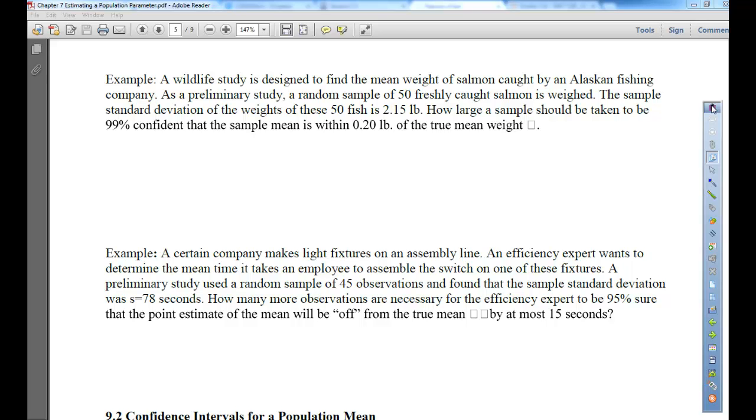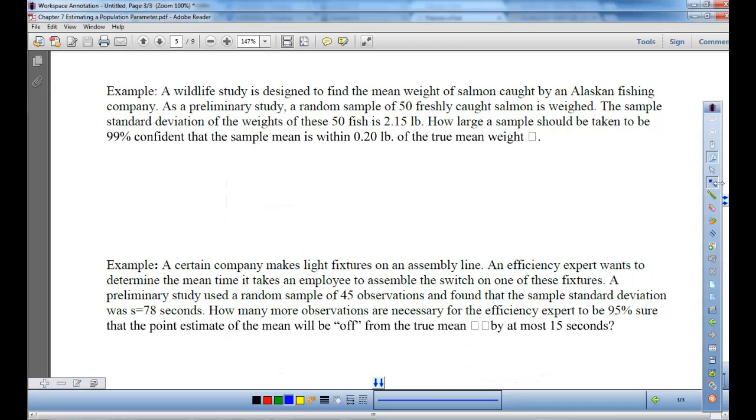How large a sample should be taken to be 99% confident that the sample mean is within 0.2 pounds of the true mean weight? Okay, so they're asking me to find the sample size.